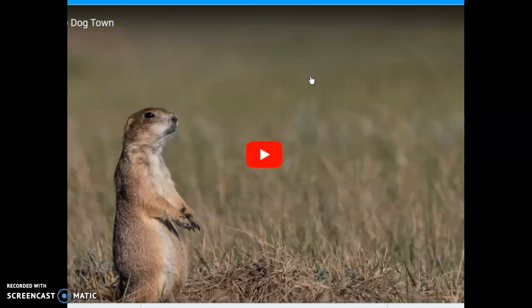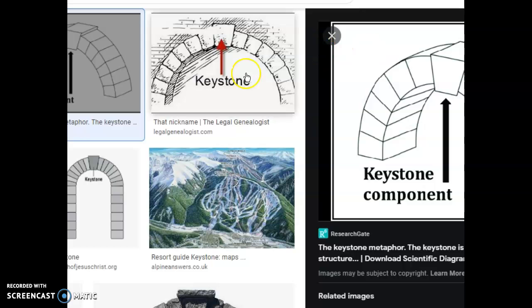As a matter of fact, we're going to call them a keystone species. And I know a lot of people say, what in the world is a keystone species? Well, a keystone, look, here we go. See how they built this arch? Do you see this stone in the middle of the arch? And this one here? What's going to happen if I rip that stone out? Everything else is going to fall.